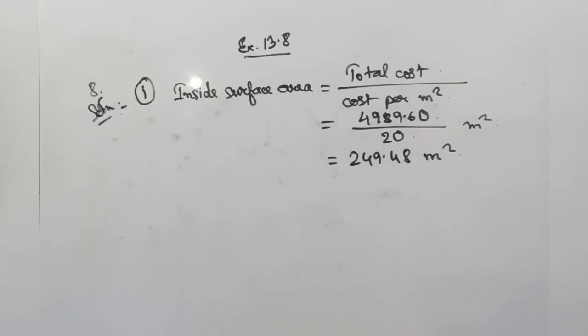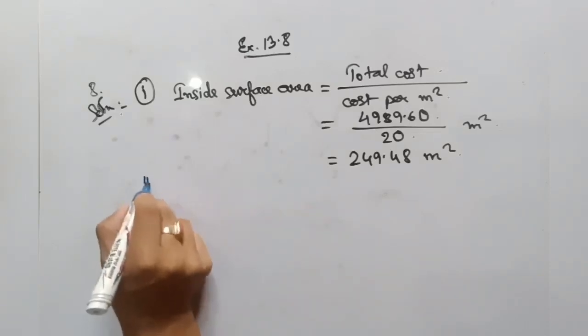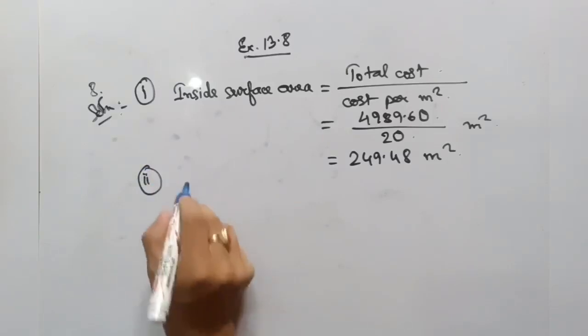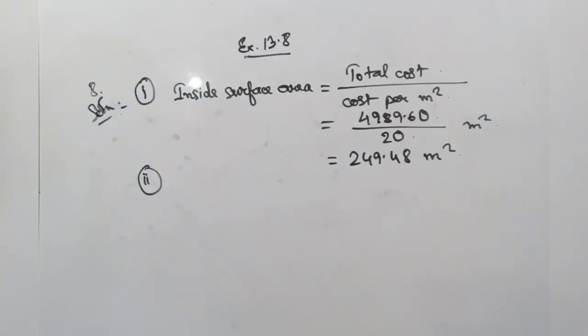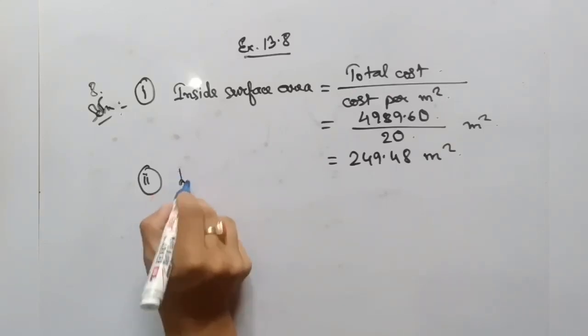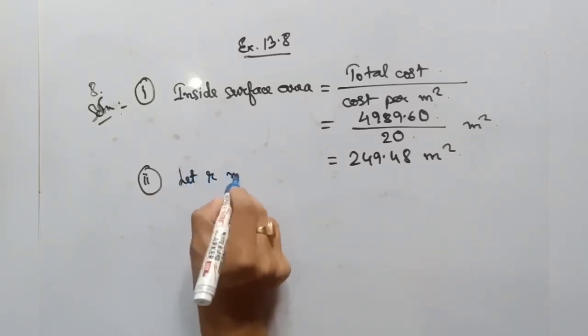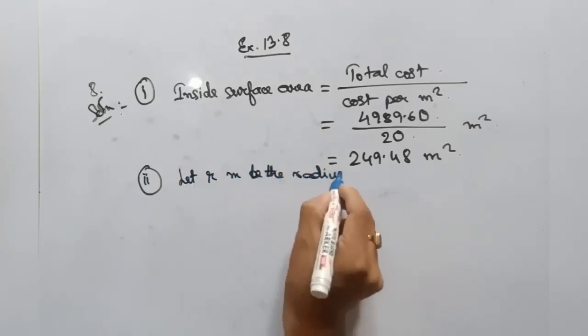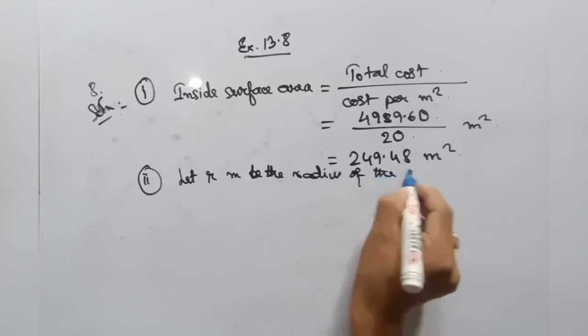Now let us find the volume of air inside the dome. That is the solution for part 2. To find the volume of the air inside the dome, let us first find the radius of the dome. So let r meter be the radius of the dome.